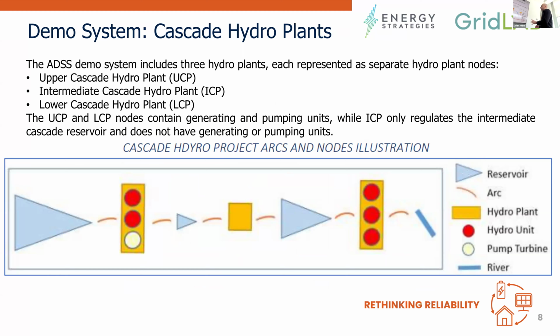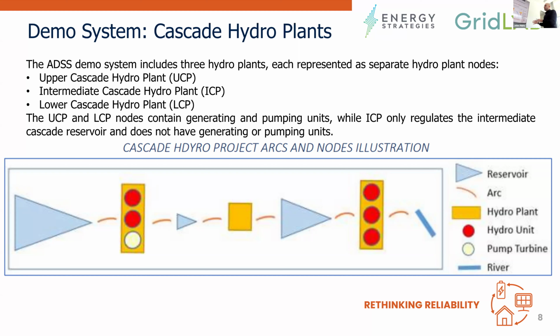Then here you can see the illustration of the cascading hydro. For cascading hydro, we have an upper cascade hydro plant, an intermediate cascade hydro plant, and a lower cascade hydro plant. From left to right, we have one big reservoir, and then hydro plant one, which has two turbines and one pump turbine.